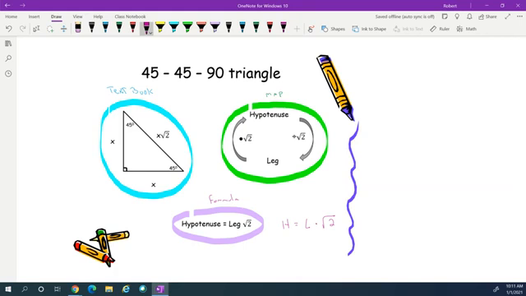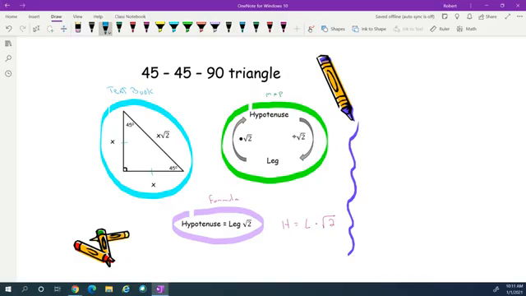So now that we understand that formula, look at the textbook graphic. Both legs are marked with x. Well, that makes sense because it's an isosceles triangle. The legs are congruent. For the hypotenuse, it says x square root 2. Well, that means x times square root 2.